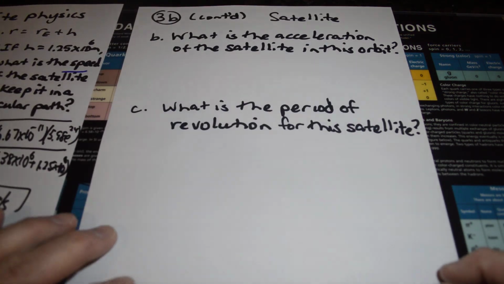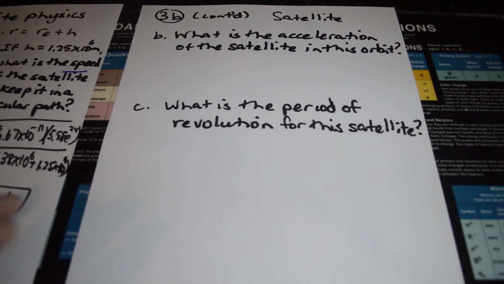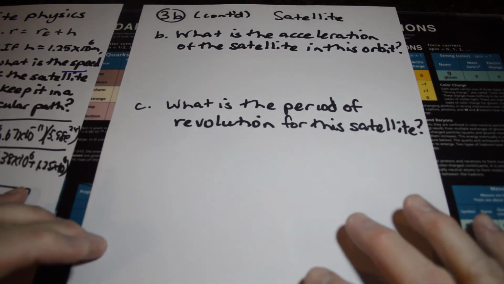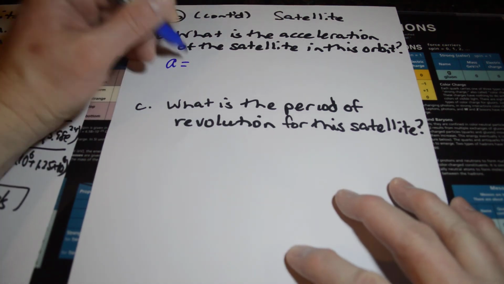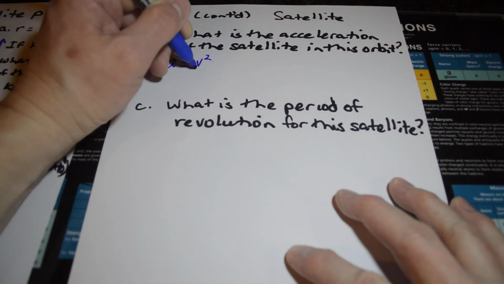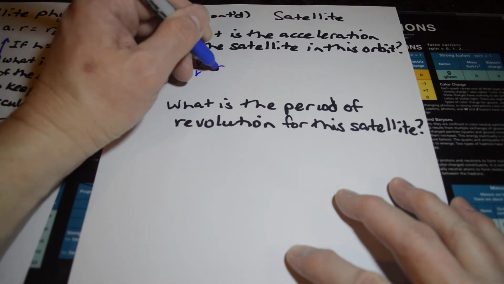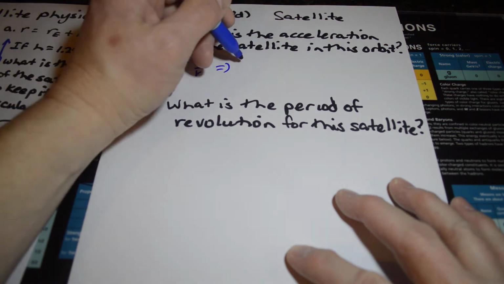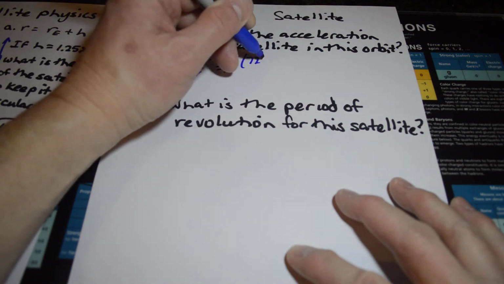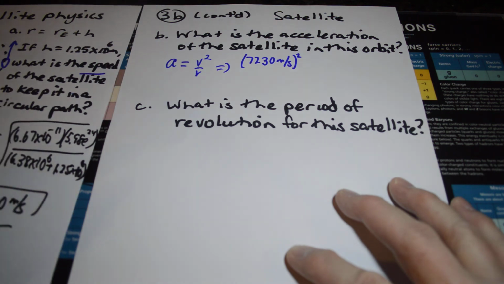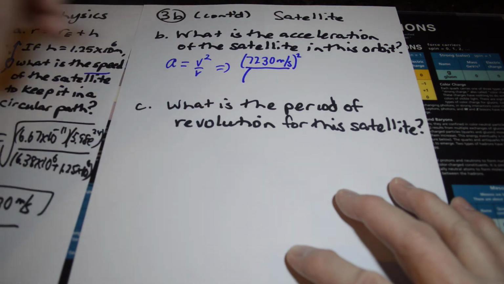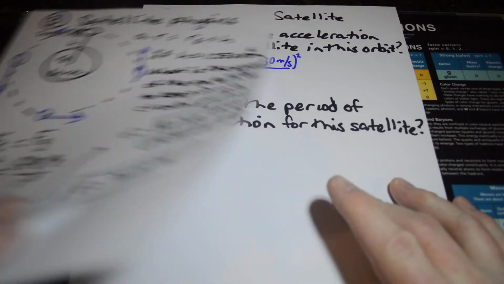They then ask, what is the acceleration of the satellite in that orbit? Well, you could do a derivation to find acceleration, or you can just go from the straight definition. a is v squared over r. Then you could just put in the number 7,230 meters per second, which you got in the last problem, and divide by the radius of the Earth plus the height.